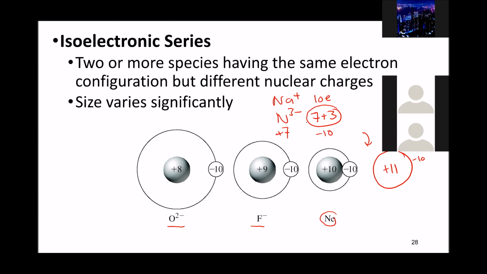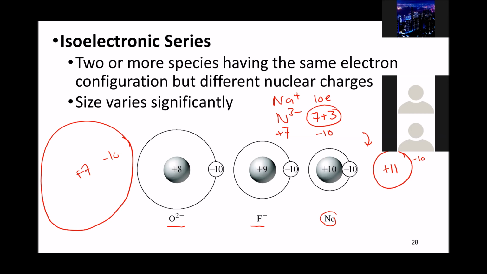So how's the attraction between the 10 electrons and the 7 protons compared to the series that we are looking at right now? It's going to be smaller than oxygen. Yes, it's going to feel a smaller attraction because of the smaller number of positive charges. So it's going to be larger in size than oxygen. In all cases, it's the same argument.